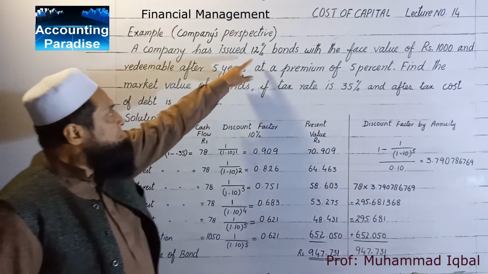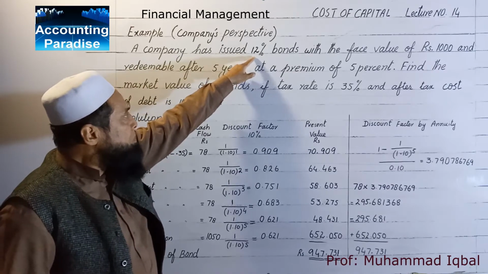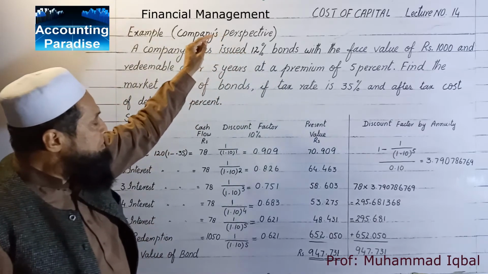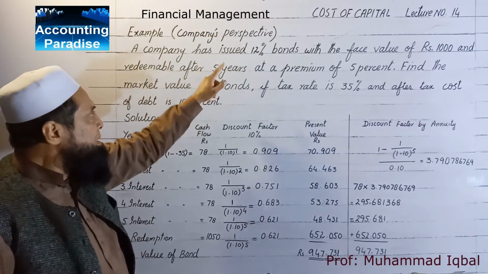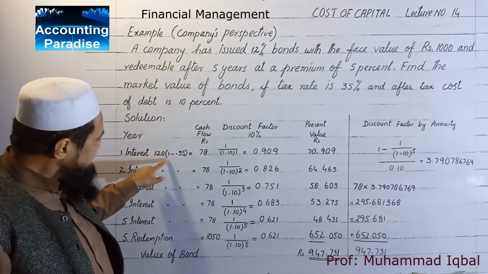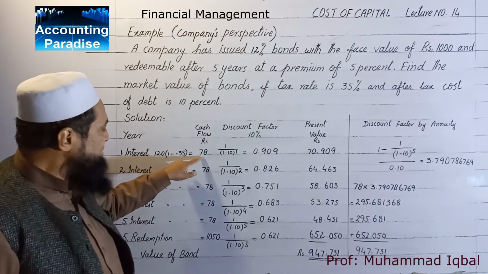The coupon rate is 12%, meaning 12 for 100, so 120 for 1000. 120 times (1 minus 0.35) is equal to 78.